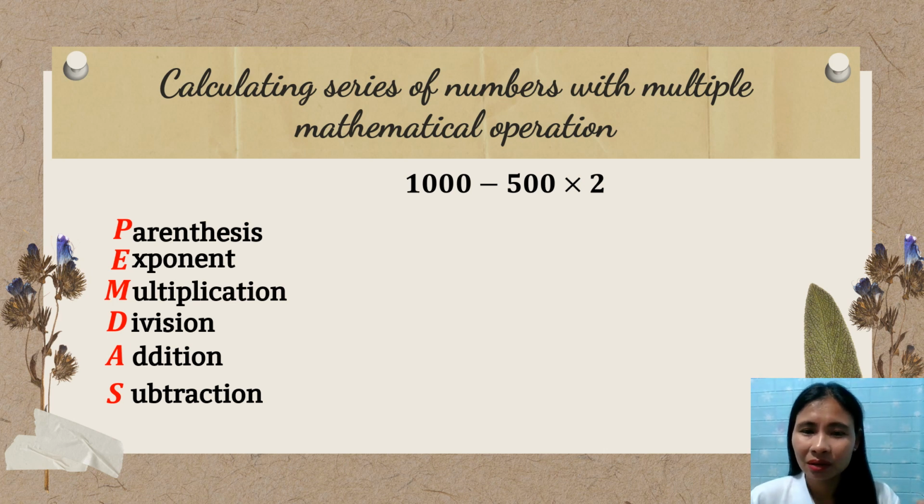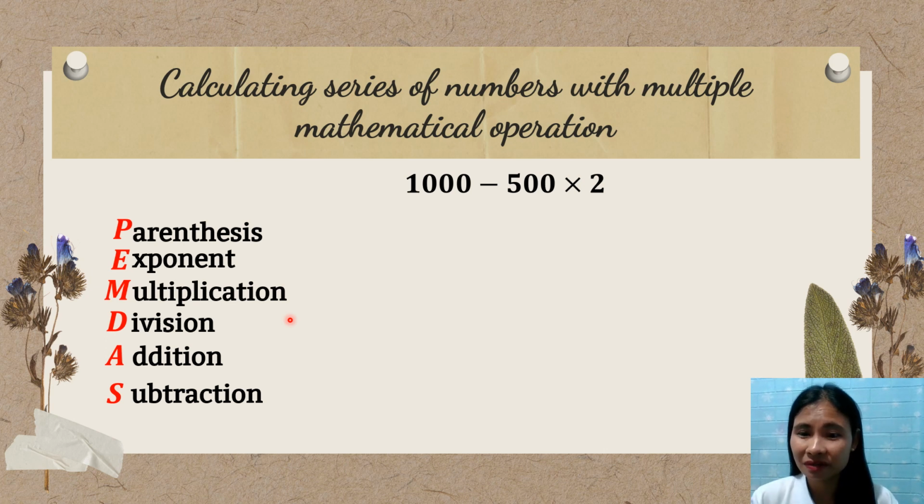Now, let's go back to the expression 1,000 minus 500 times 2. What do we mean by PEMDAS? Parentheses, exponent, multiplication, division, addition, and subtraction. This concept means that when we have a series of operations, we always start with the parentheses or the grouping symbol. After the grouping symbol, we proceed to the exponent. Next is multiplication and division, which can be interchanged.